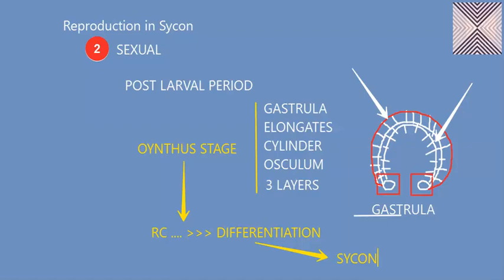Now this gastrula undergoes the post-larval period. It lengthens, it becomes a cylinder-like structure, it forms an osculum, it forms 3 layers, and this stage is called the olynthus stage. It further differentiates, radial canals are formed, and it forms a full Sycon. I hope you have understood this particular topic. Thank you.